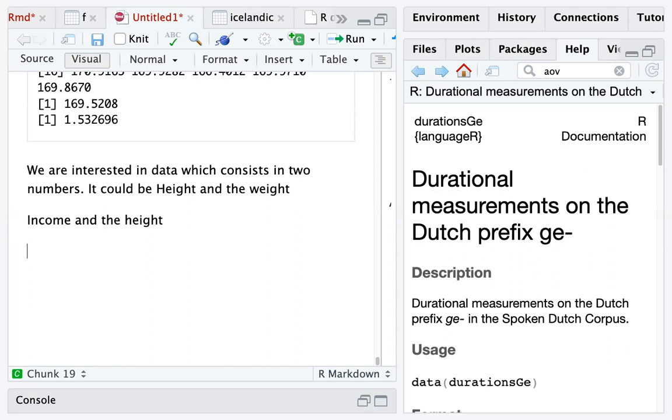And we want to define a statistic that takes into account the two numbers, the two numerical data.